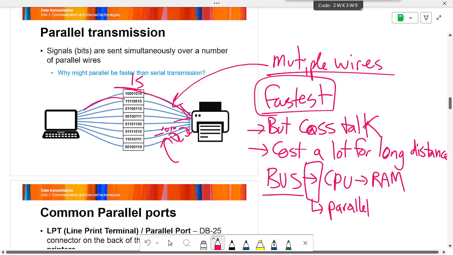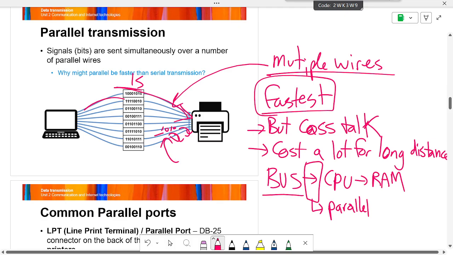We use multiple traces, wires. Why don't we just use one wire? If I open up the computer, do you remember how we have these wires? Right here, we have many wires that go to the green stick.